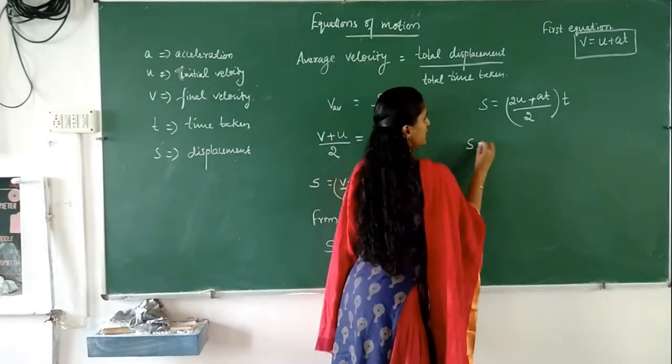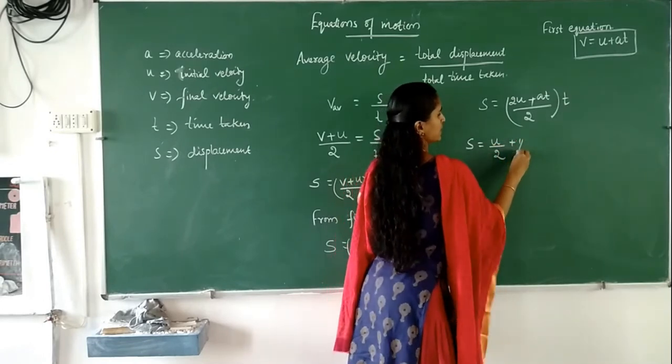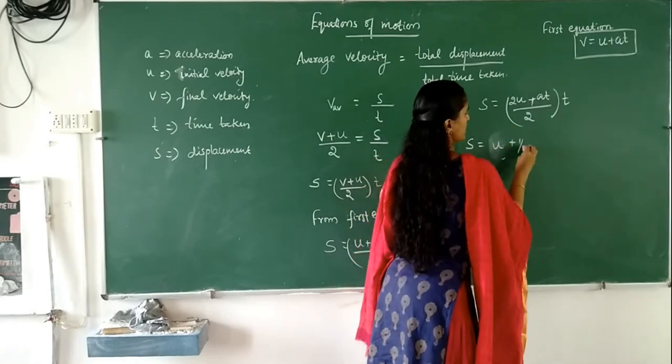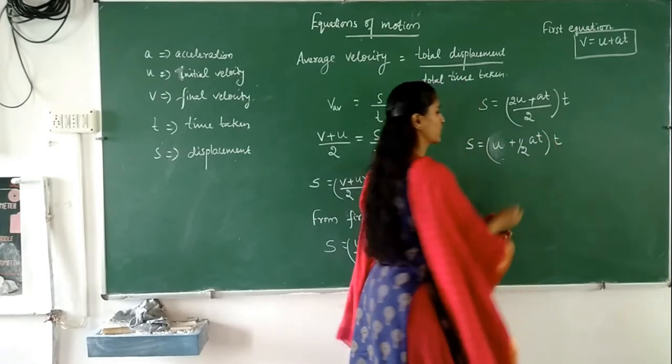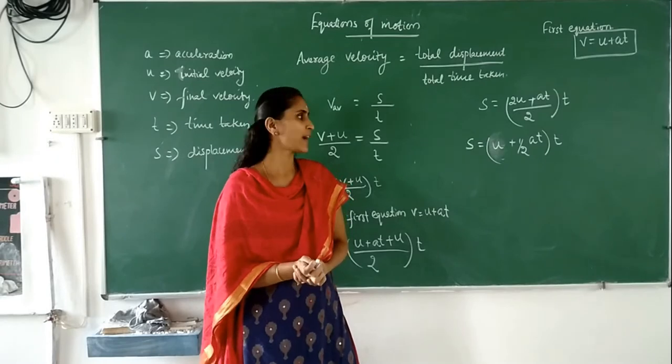Or we can write it as 2u by 2, which is u, plus half at, into t. So u plus half at into t.